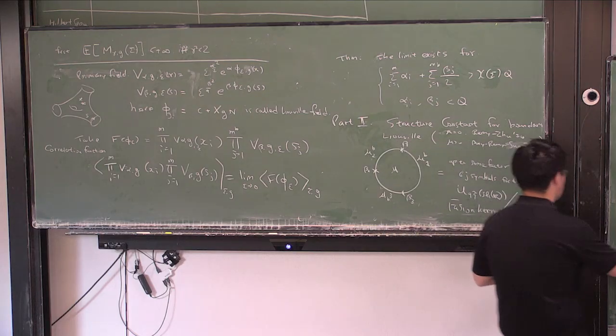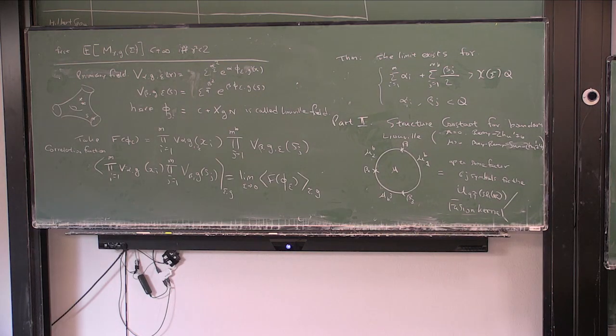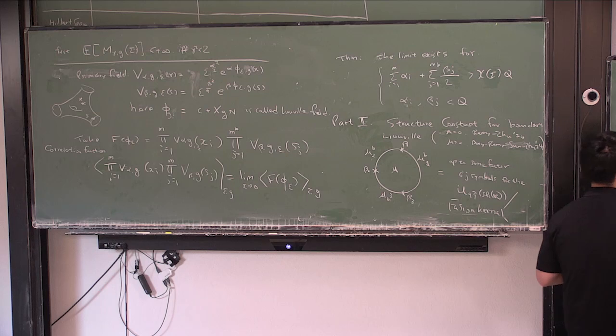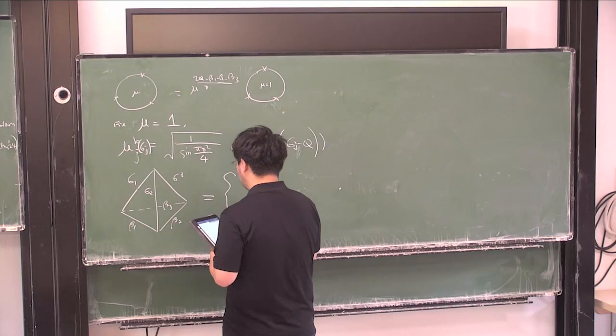I associate beta 2 with sigma 1, beta 1 with sigma 3, and beta 3 with sigma 2. And I use this; the correspondence is this 6J symbol.